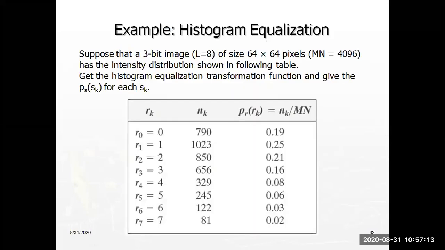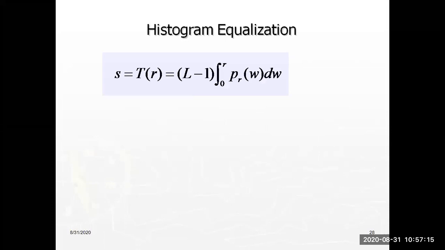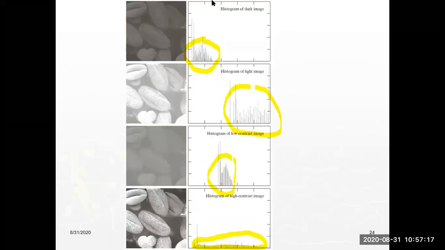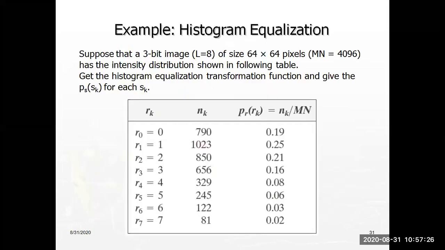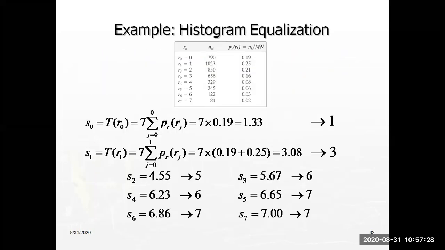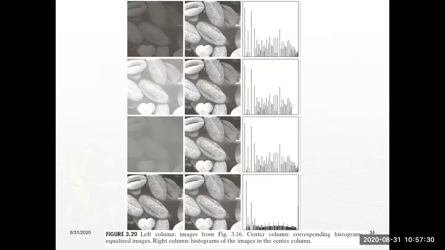First one, a dark image. This is the input histogram of the dark image. But this is transferred, how? Yes, this is after equalization. My dark image histogram will be equalized like this.